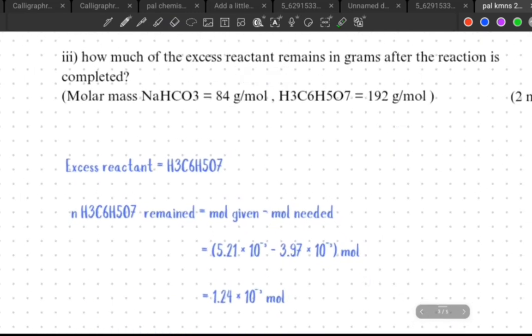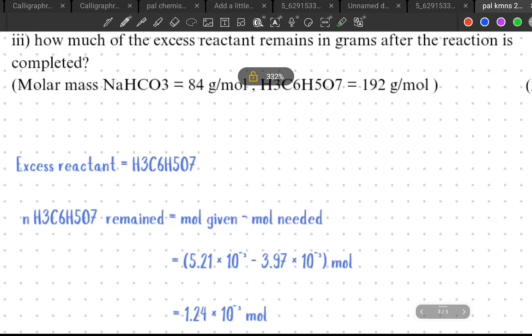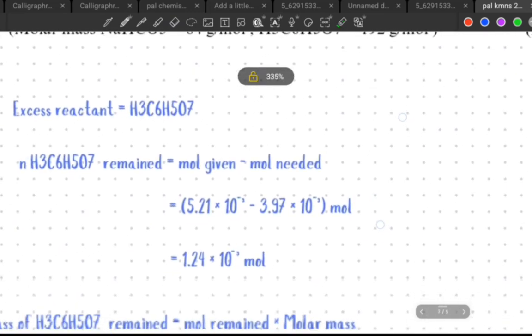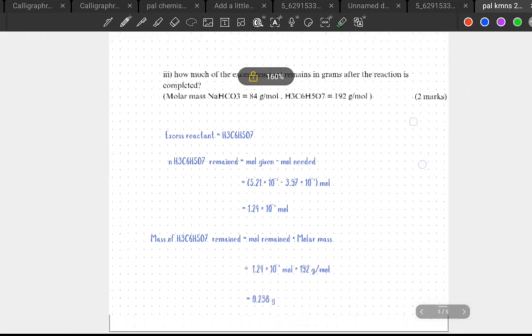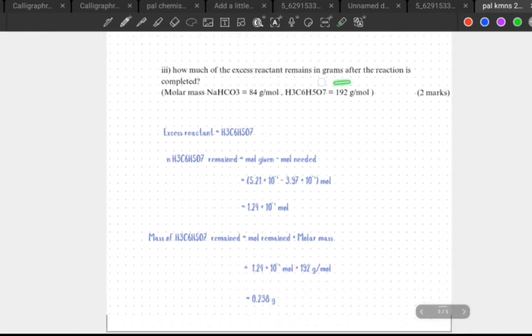Also, we determined just now that mole given is 5.21 times 10 to the power of negative 3, and mole needed is 3.97 times 10 to the power of negative 3, and then you will get the mole remaining, 1 mark. But the question asks for grams, which means the answer is in mass.